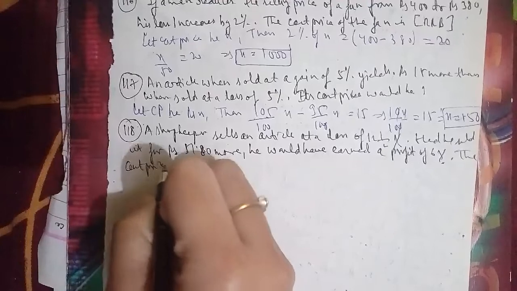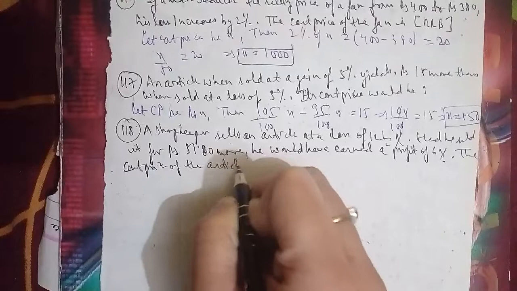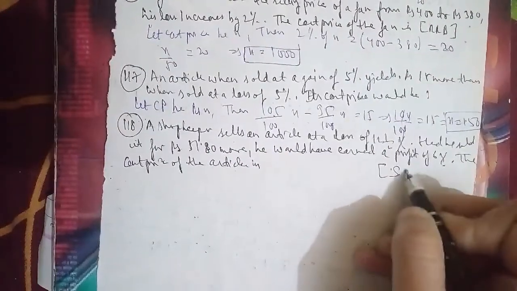The cost price of the article is. This has been asked in section officer examination paper. The options are 280, 300, 380 and 400. So we go ahead for the same.